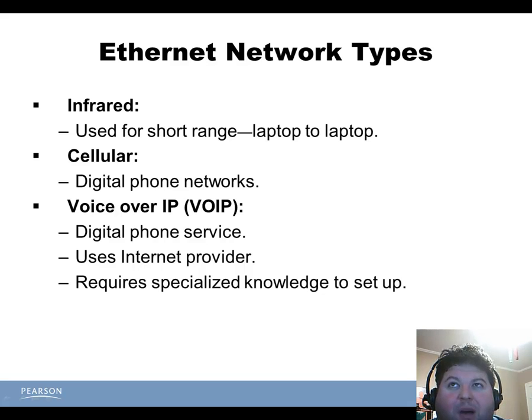Voice over IP is a popular service where you're using your phone over the internet, and it is becoming a much cheaper alternative to the telephone system. Infrared is not in use that much anymore, but for short range it used to be used to connect laptops to laptops. Previous to Bluetooth, infrared was a quick, easy way to transfer files between computers.